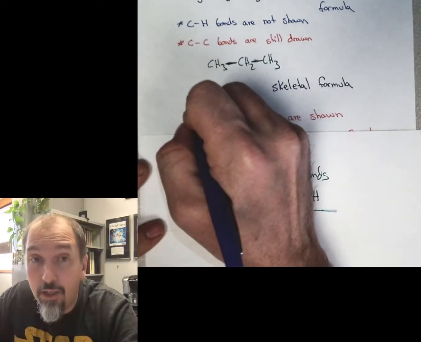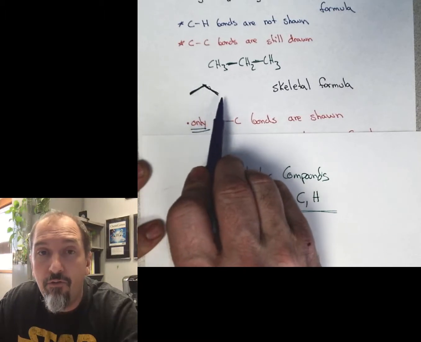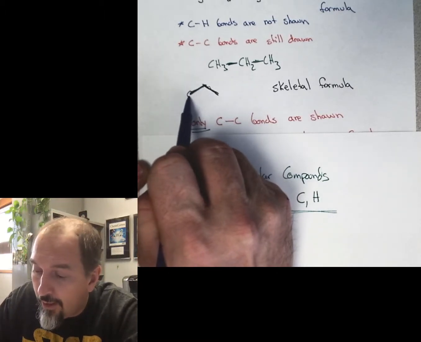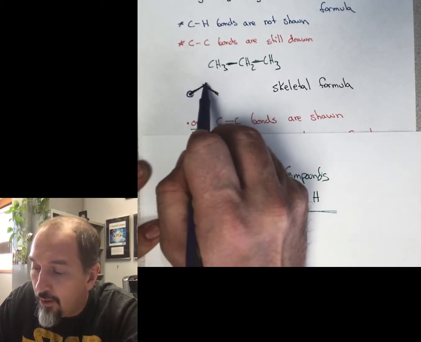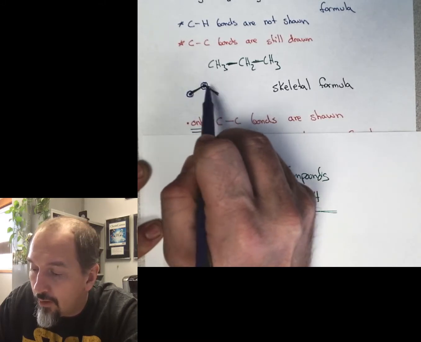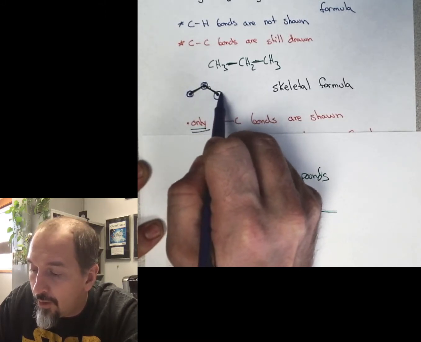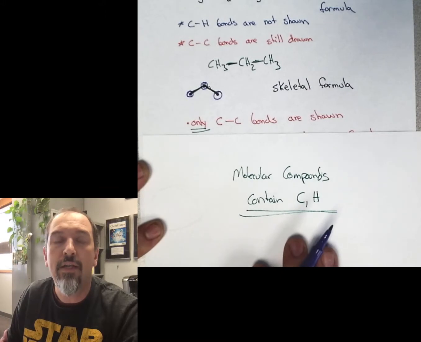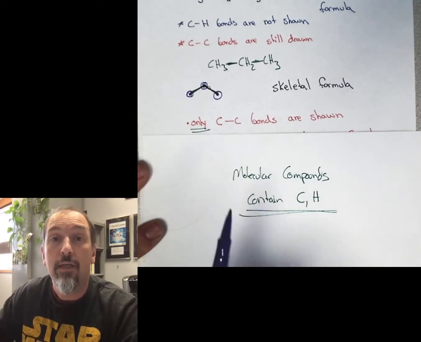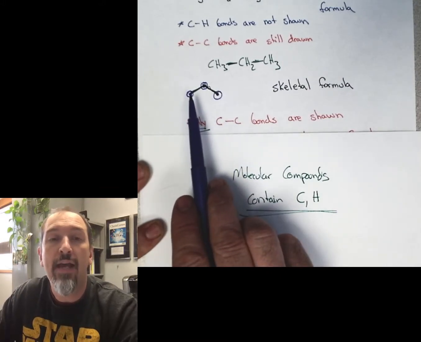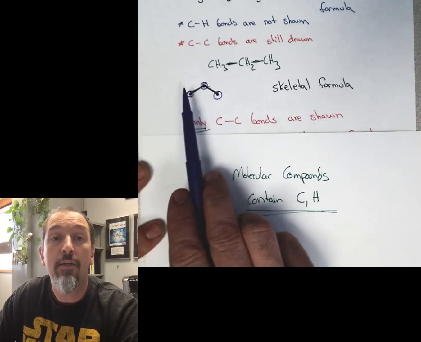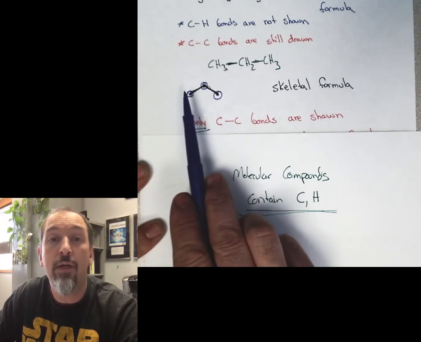So when we see a skeletal formula, we have to know that on every end right there and every point right there is a carbon atom. So those 3 circles that I drew right there are carbon atoms. Now this circle on the end is a carbon atom with just 1 carbon-carbon bond, so we know it has to have 3 hydrogens around it.